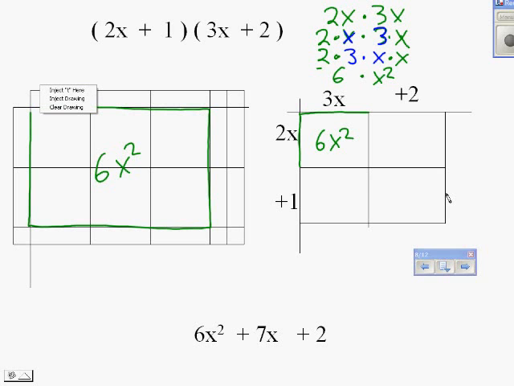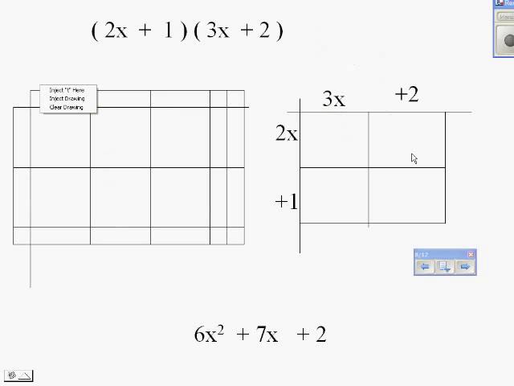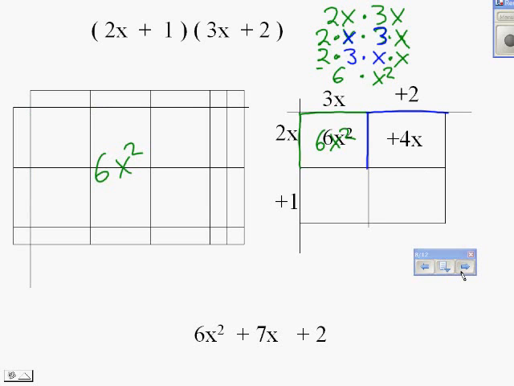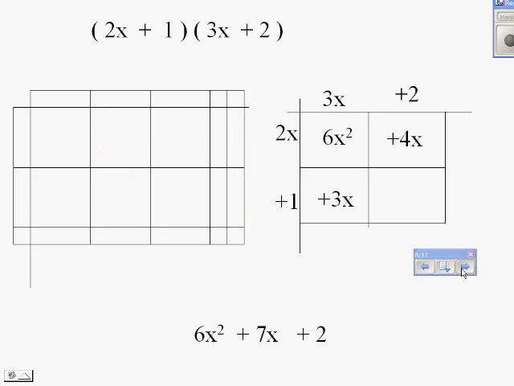In our next rectangle, it's 2x by 2. 2x by 2 gives me an area of 4x, and you can see that over here. Our next section is 1 by 3x.